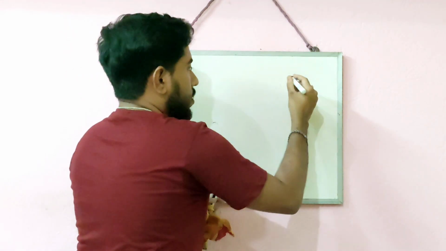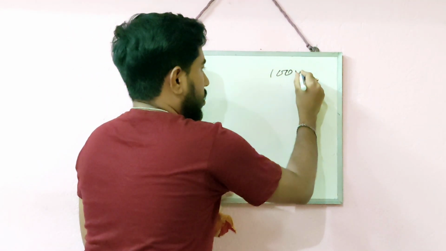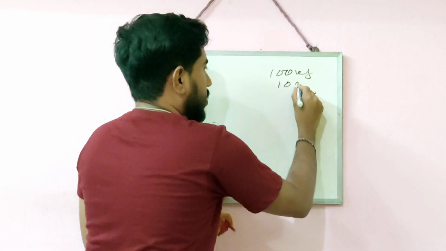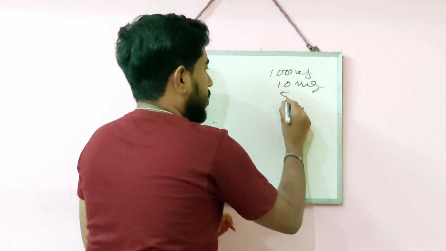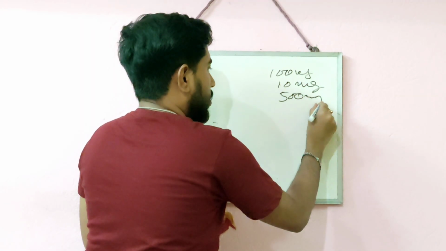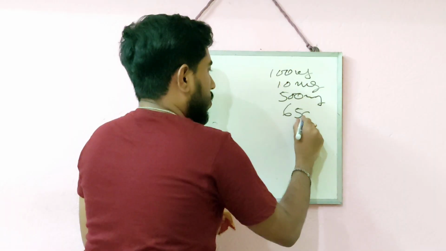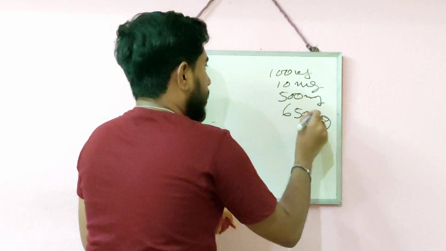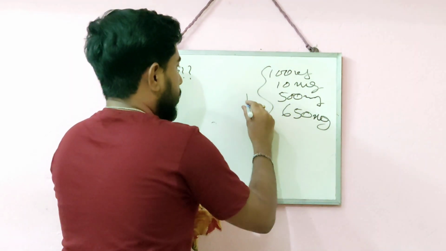In some drug it is written 100 mg, in some 10 mg, somewhere 500 mg, somewhere 650 mg. What is written there is the dose.